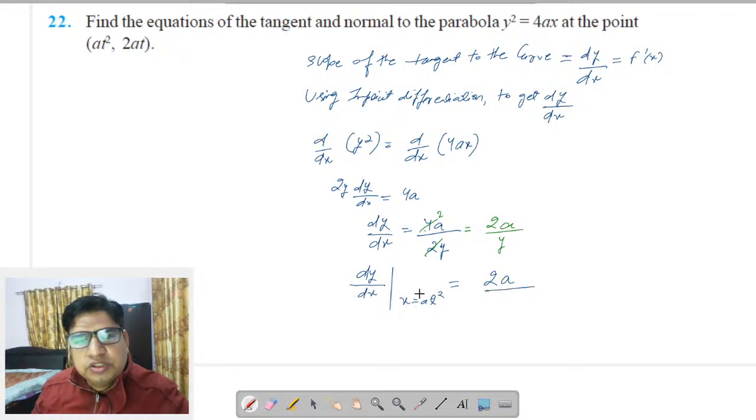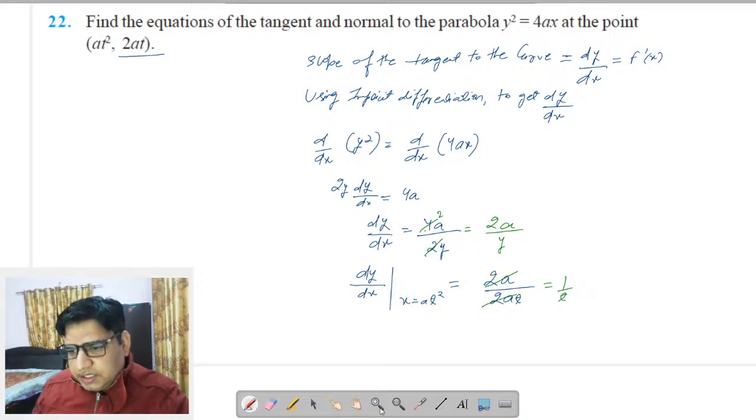We do not need to put the value of x here because x is not given; we'll put the value of y, and the value of y is 2at, as we know. On simplification, 2a will get cancelled out and we'll get 1 by t. So dy by dx is equal to 1 by t.